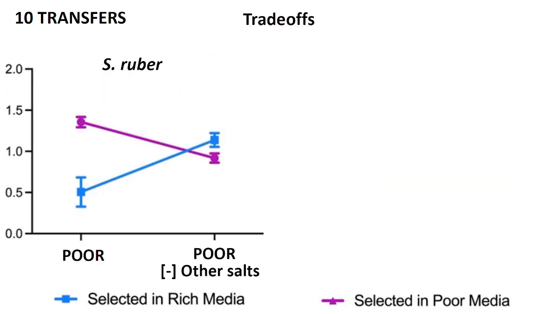So, are there other trade-offs? Everybody talks about, remember, these are 10 passages, so it's roughly 50 generations, a little bit more, not a lot. If you compare, we compared lots of aspects of how these things grew and a whole bunch of different aspects of their environment.